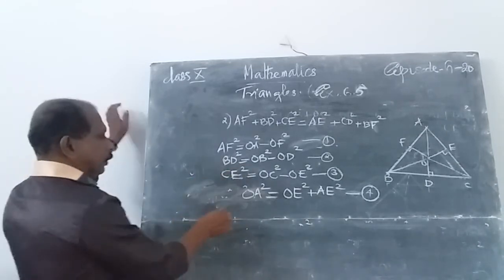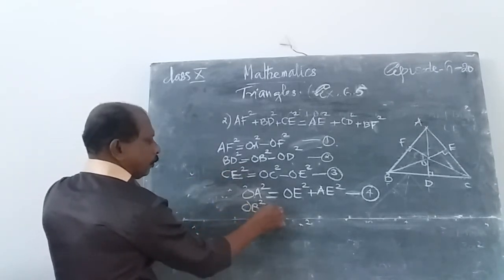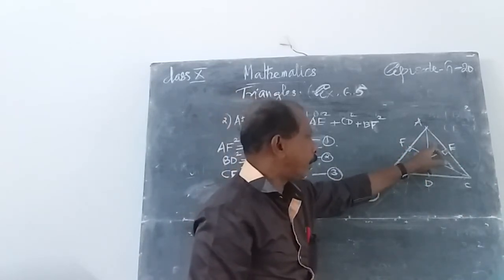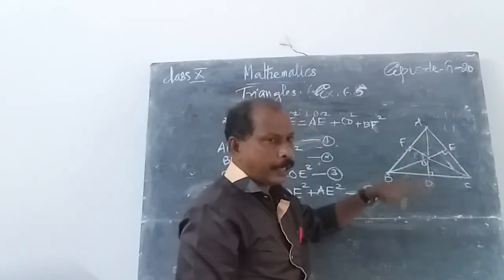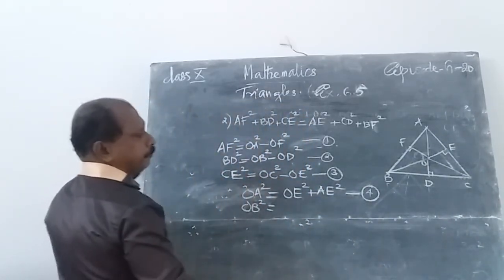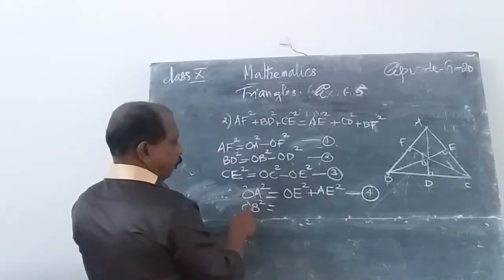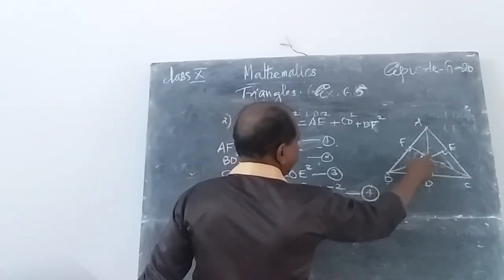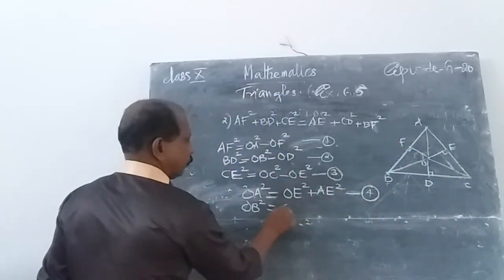Then OB square is equal to, from this triangle and the other triangles, OB square is equal to BF square plus OF square.